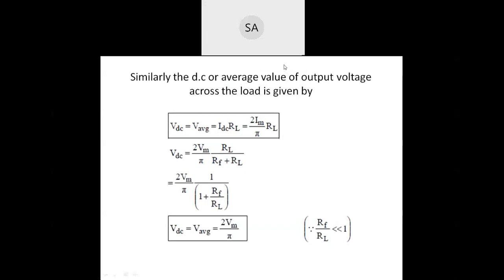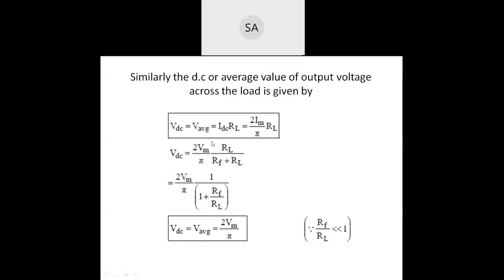Here, this Im can be written as Vm by RA plus RL. That is Im is equal to Vm by RA plus RL, the equation we already have. So that is 2 Vm by pi into, taking the common term RL, 1 by 1 plus RF by RL into RL.